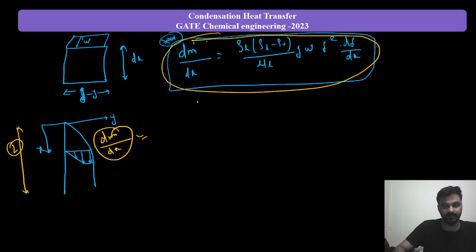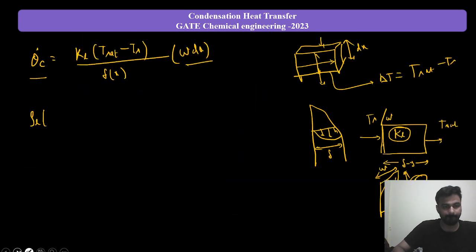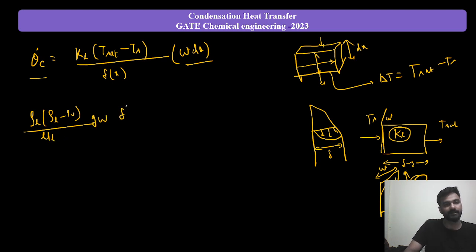So we can write here rho L into rho L minus rho V upon mu L G W, and that is delta square d delta, equal to KL into T saturation minus Ts by delta, and that is W dx, right?